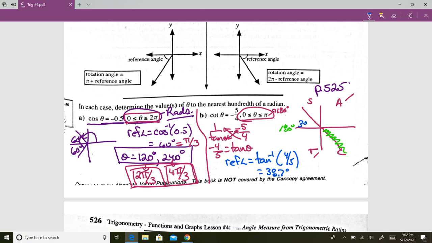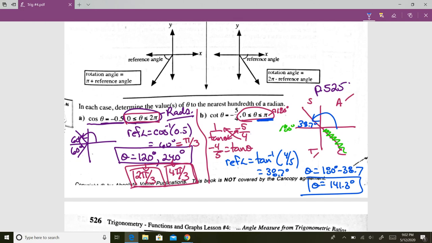So if this is 38.7 degrees, my rotation theta is going to be 180 minus 38.7, which will be 141.3 degrees. So that's the answer in degrees.